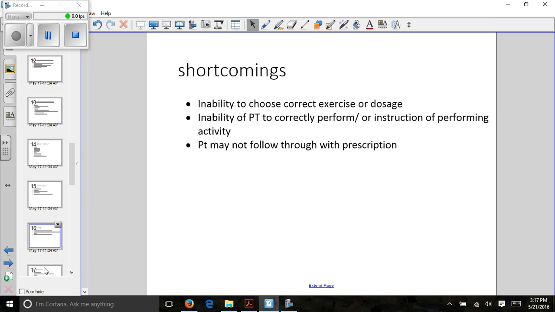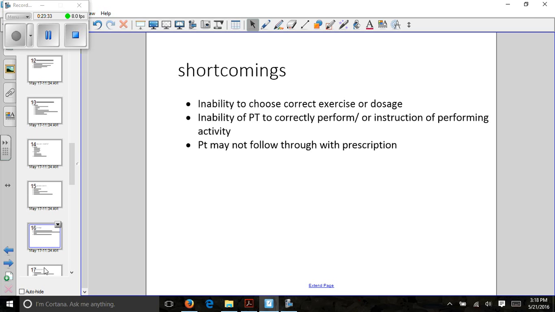The PT also could be at fault because they can't perform the exercise, so they perform it wrong, or they don't perform it at all and they just show the patient a picture, and then the patient performs it wrong. And lastly, it could be the fault of the patient, where the prescription could be perfect and the patient just doesn't do it. So how do you work on that angle?